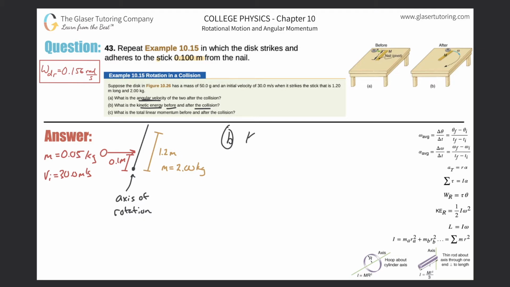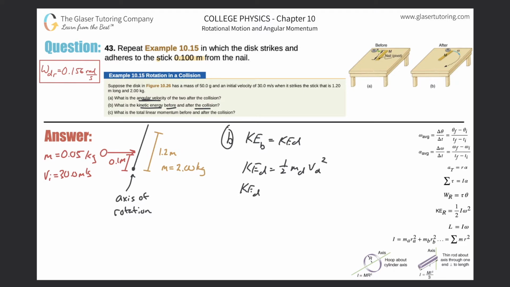So before the collision, KE before is simply going to be equal to the kinetic energy of just the disk before. All right. So that means that the kinetic energy of the disk is simply 1/2 times the mass of the disk multiplied by the velocity of the disk squared. Okay, and we can just plug this one in now.